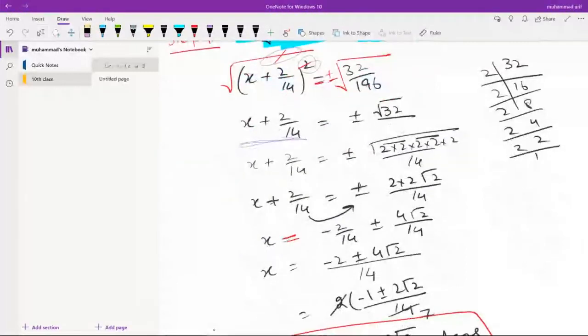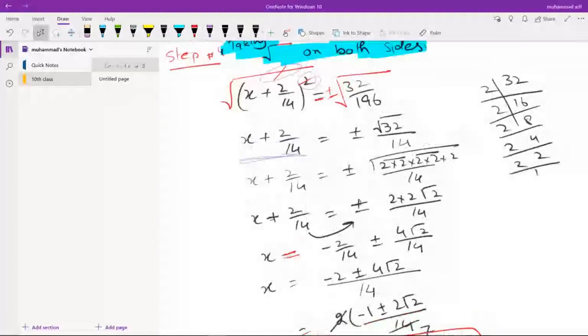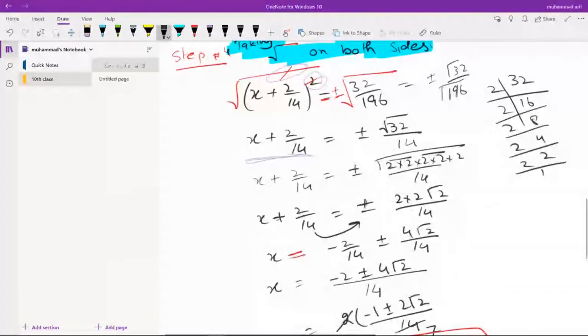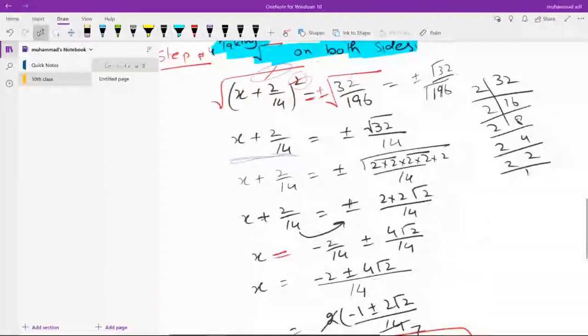After this, we can write the square root of 196, which is 14.